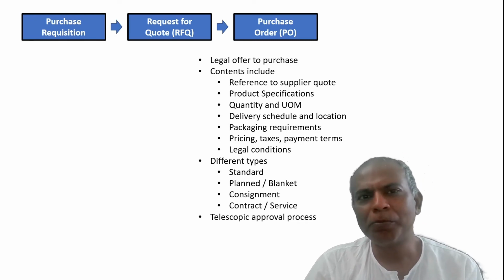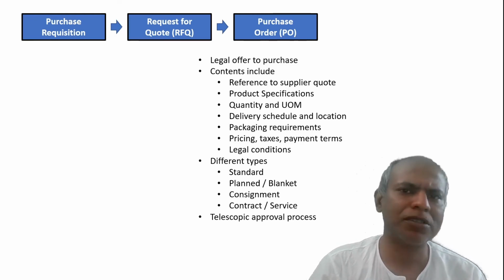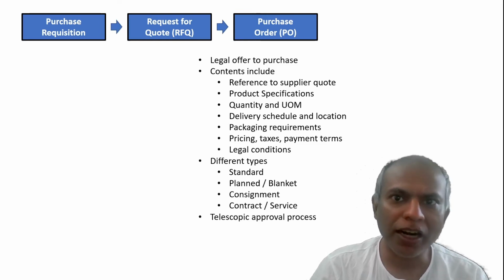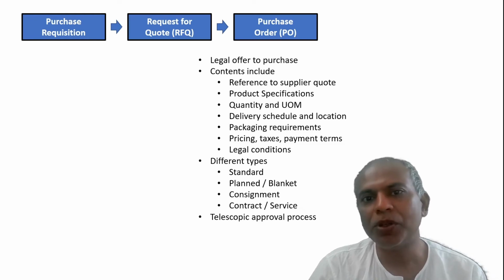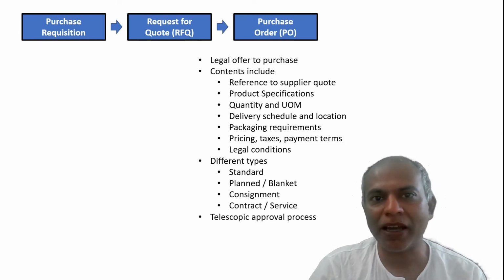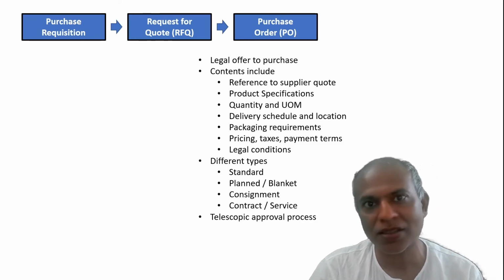And for POs, there has been a process done for requisitions, and approval and budgets have been specified in requisitions. But again, in a PO, a second level of check is managed, and businesses tend to have some kind of telescopic approval process.